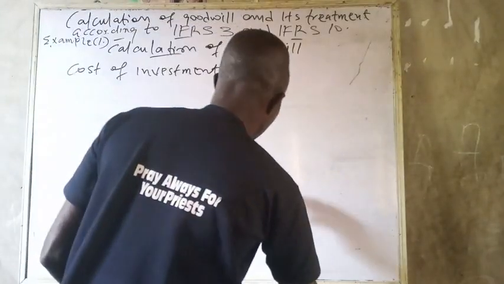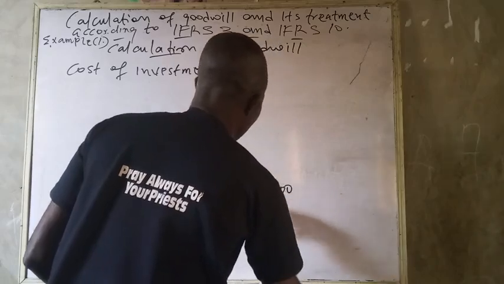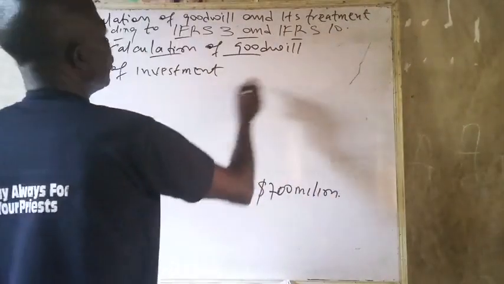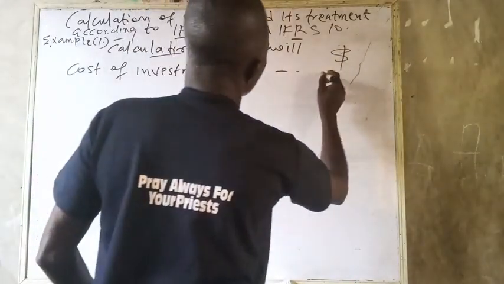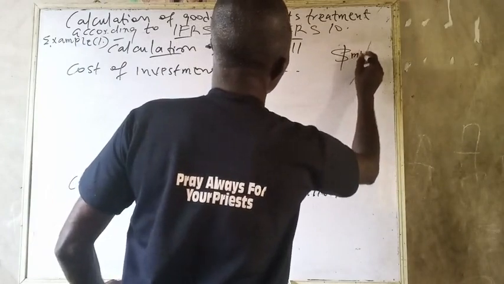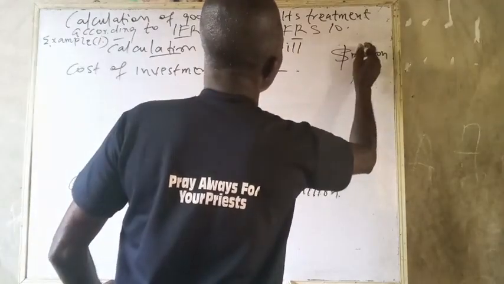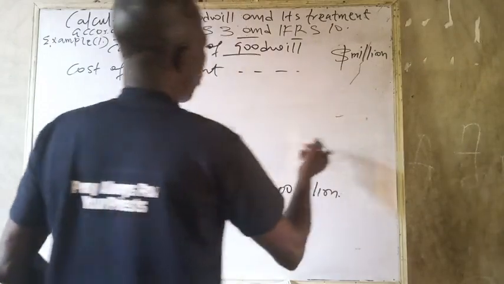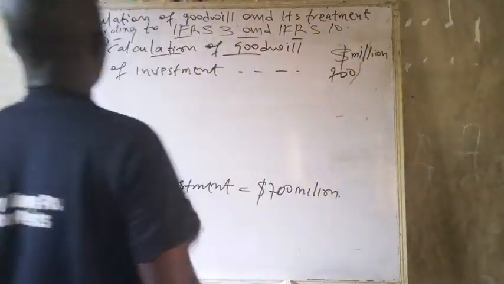That is 700, the amount Kings PLC invested. Let me put million here because of space. This million represents 700, and that is $700 million.